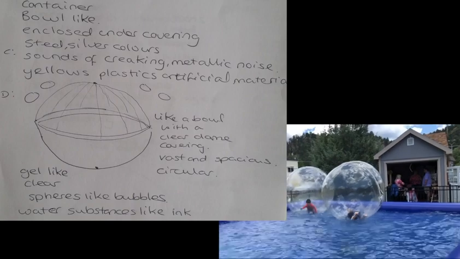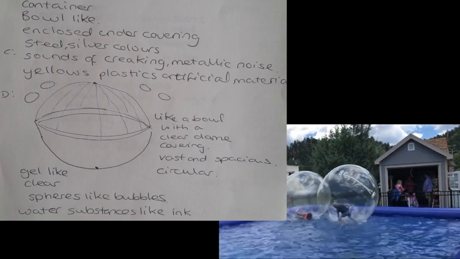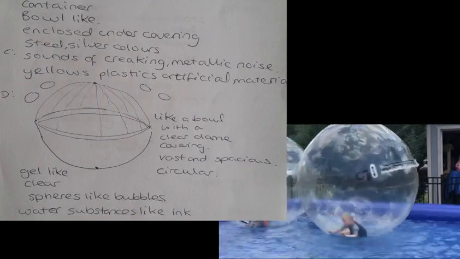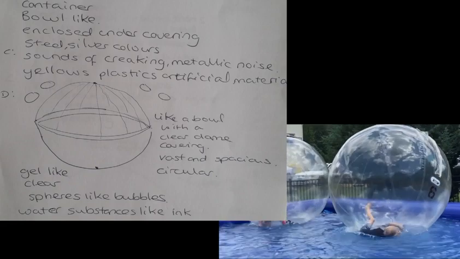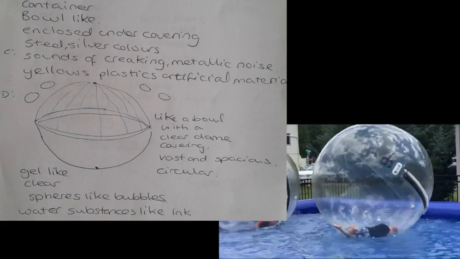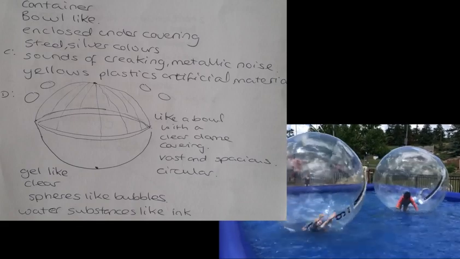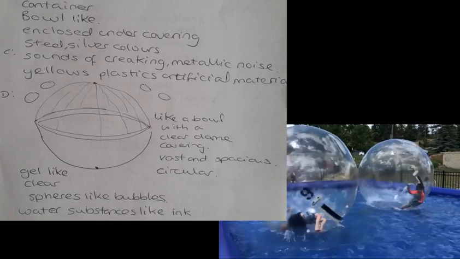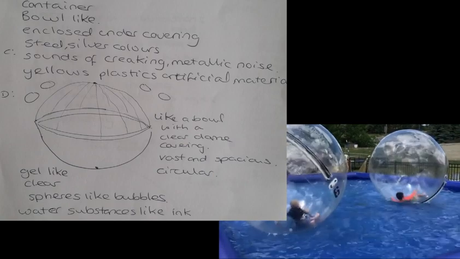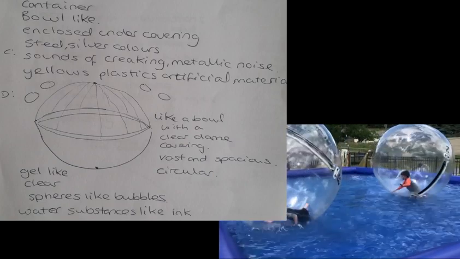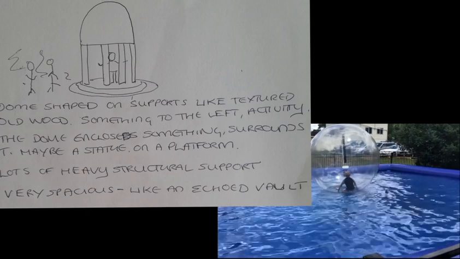And of course the drawing itself is really, really great. Like a bowl with a clear dome covering, vast and spacious and circular. It even says gel-like or clear, spheres like bubbles, water substances like ink. And that water, because of the blue plastic underneath it, does have an inky quality to it. So this one was really spot on.